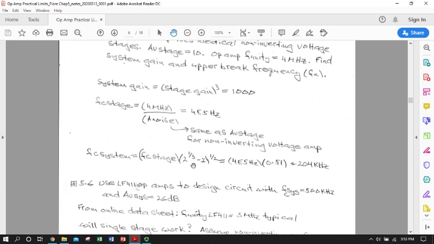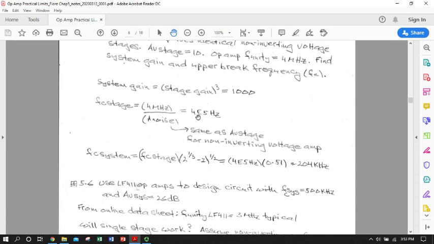All of that raised to the 1/2 or square rooted, which is the same as saying 4 times 10 to the 5th hertz times about 0.51. So about 204 kilohertz is the upper break for the whole system.